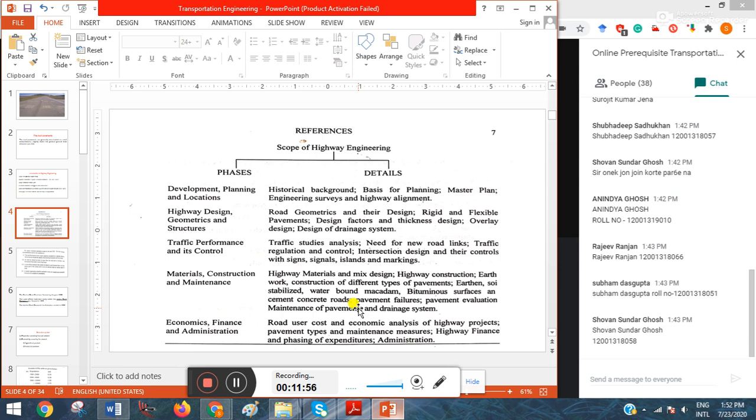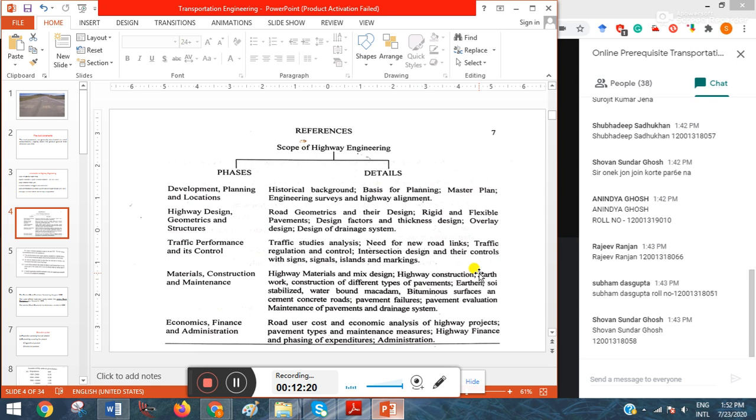Highway construction, earthwork, construction of different types of pavements: earthen, soil stabilized, water-bound macadam, we can say WBM, bituminous surfaces and cement concrete roads, pavement failures, pavement evaluation, maintenance of pavements and drainage system.